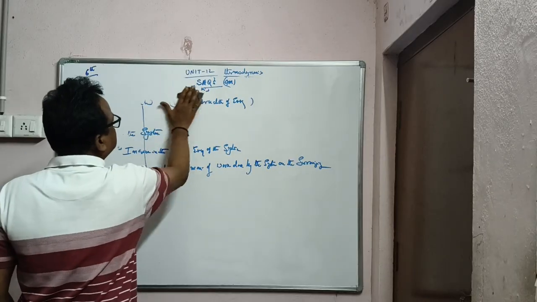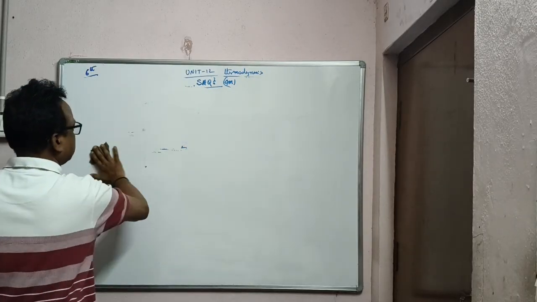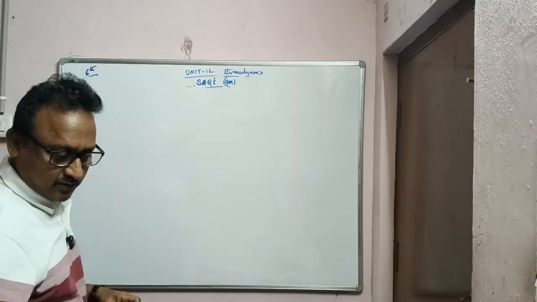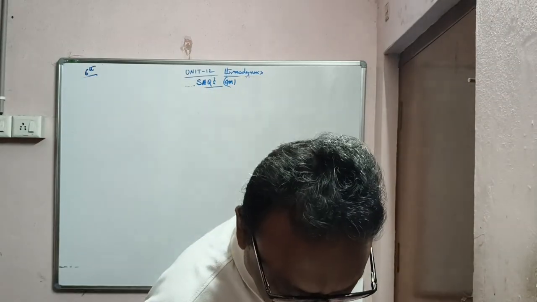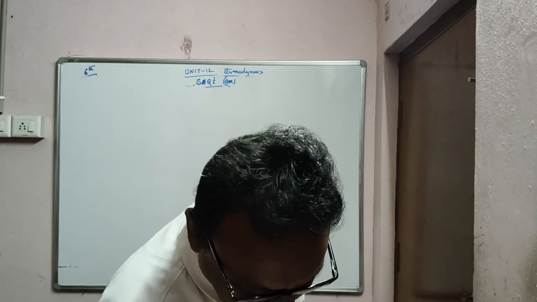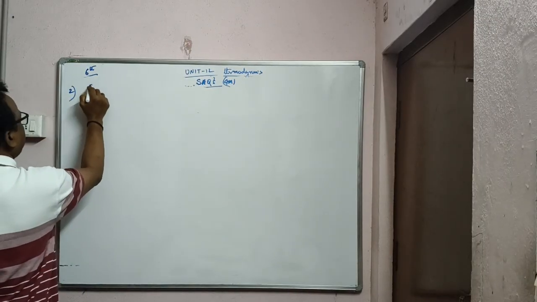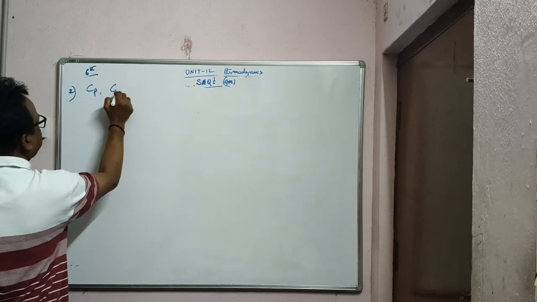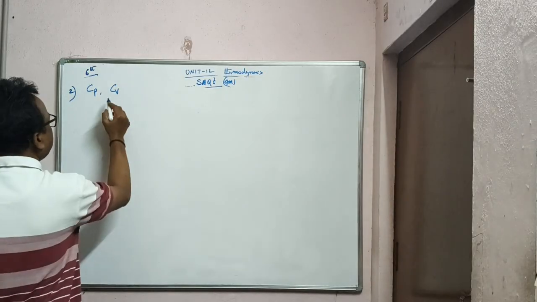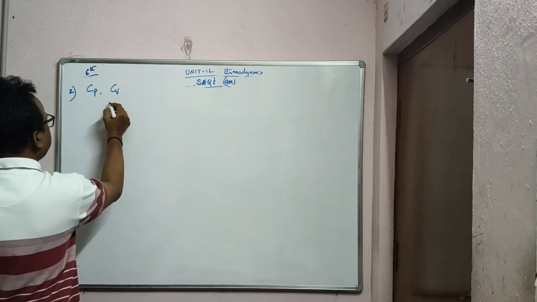Second 4 marks SAQ. Second question, Telangana students: define the two principal specific heats of a gas. Which is greater and why? In specific heat of a gas we have Cp and Cv.